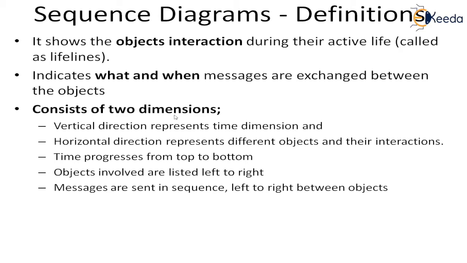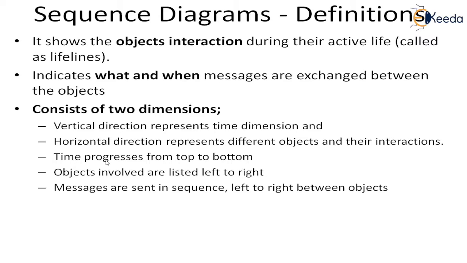It consists of two dimensions. The vertical direction, from top to bottom, is the time dimension where we have defined our lifeline. And the horizontal direction represents different objects and their interactions.